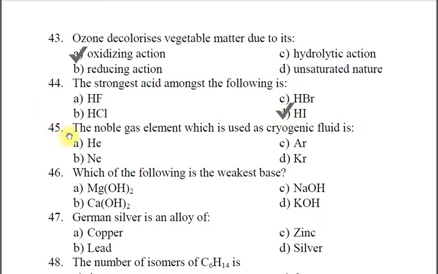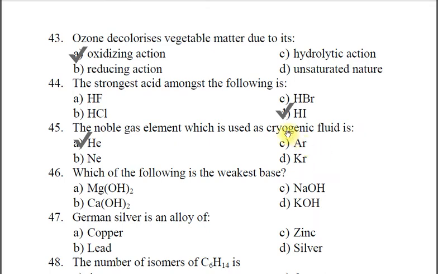Question number 45. The noble gas element which is used as cryogenic fluid is A. He helium, B. Ne neon, C. Ar argon, D. Kr krypton. And the correct answer is helium.